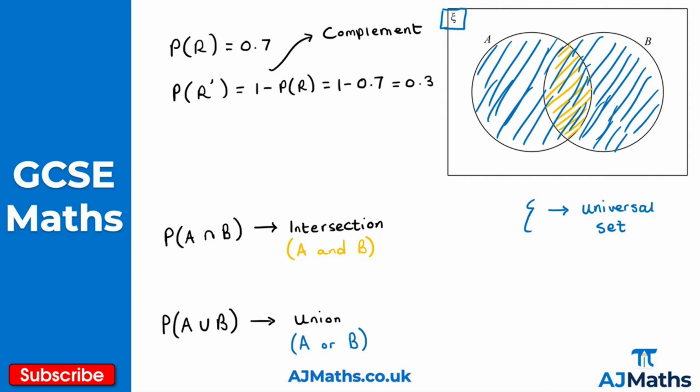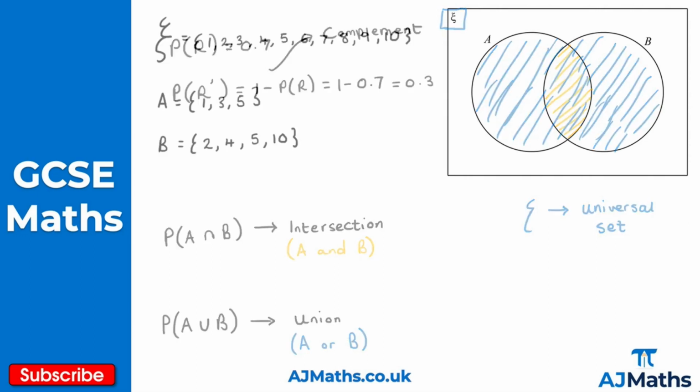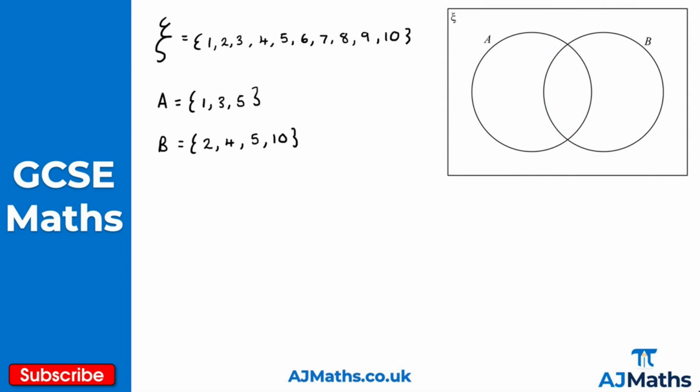Let's take a look at an example now of actually filling out a Venn diagram. What we've got on the screen at the moment is an example of a few different sets. What I've got at the top to begin with is what we call the universal set. We know this is the universal set because we have this Greek letter here. It's very difficult to draw this Greek letter, by the way, but it looks something like that. You can see it in the top left of our Venn diagram.